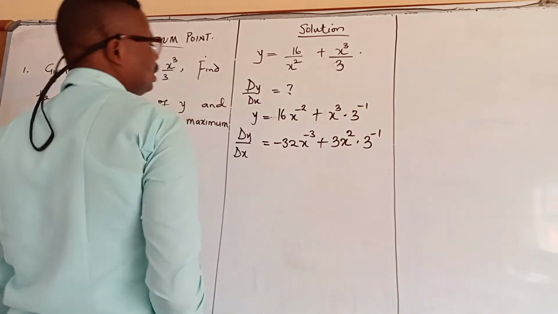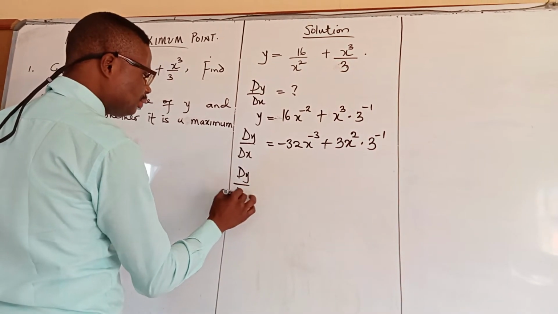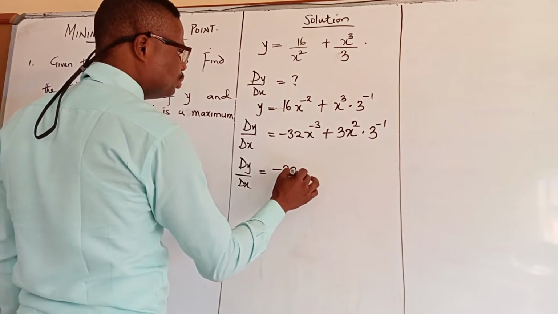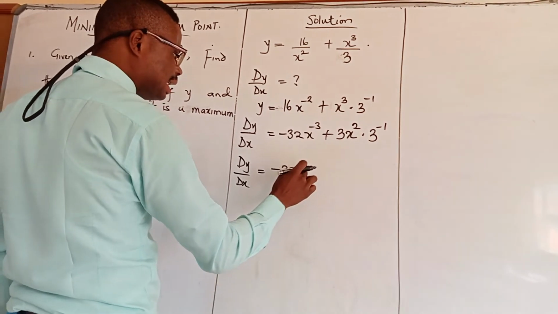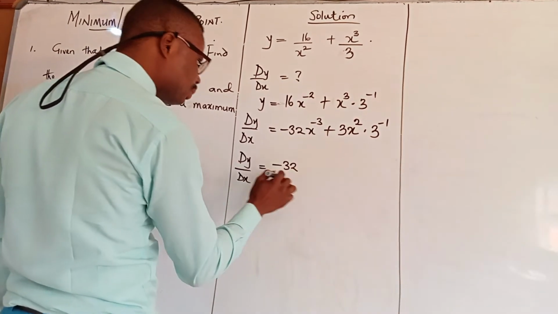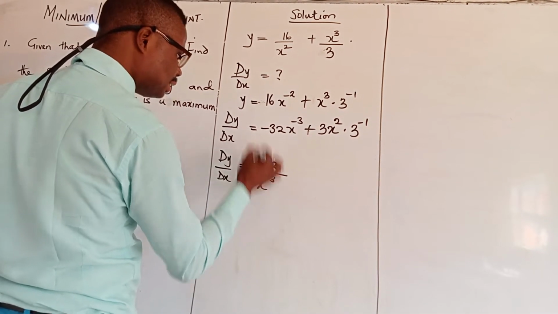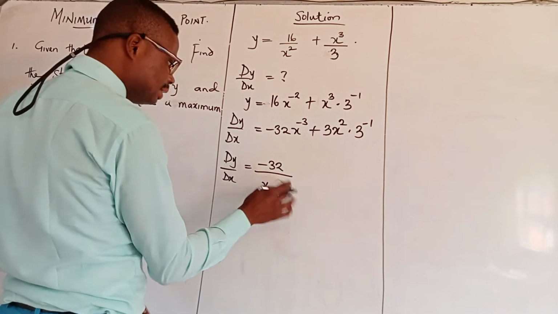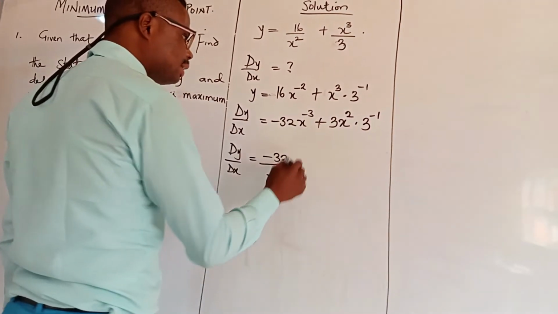Take 1 away from the power, it becomes 2, then multiply by 3 raised to the power minus 1. Now write it in the form of a fraction. We have dy/dx equals minus 32 times x raised to the power minus 3, which is the same thing as 1 over x cubed, so that gives minus 32 over x cubed.